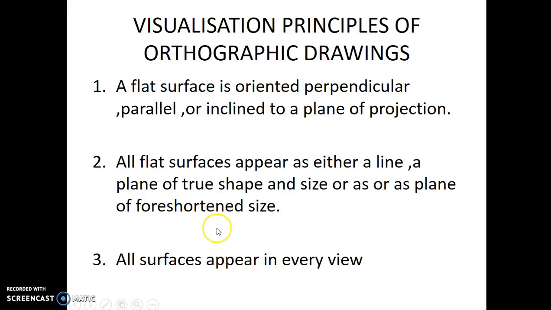Second principle is all flat surfaces appear as either a line, a plane of true shape and size, or as plane of foreshortened size. Third principle is all surfaces appear in every view.